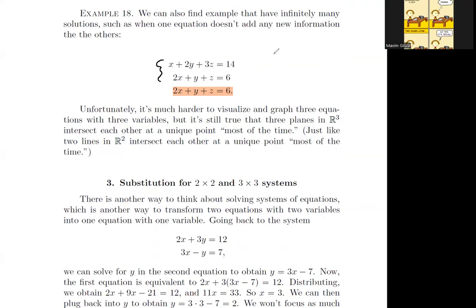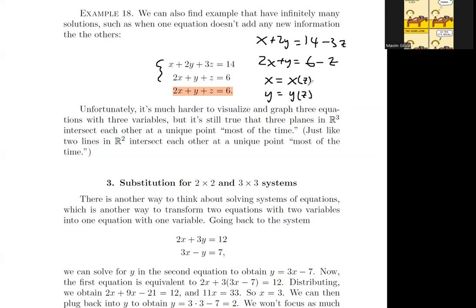In this case, one thing I love to do is think of it as a 2 by 2 system that depends on z. You could think of these as constants, and you could get answers for x and y. So x will be something that depends on z, and y will be something that depends on z.